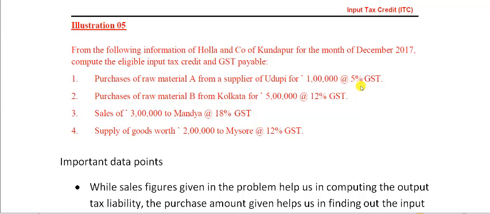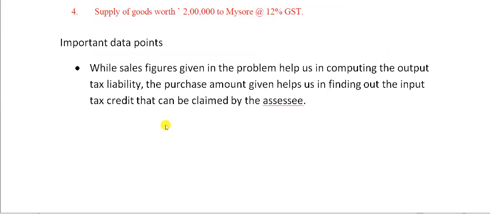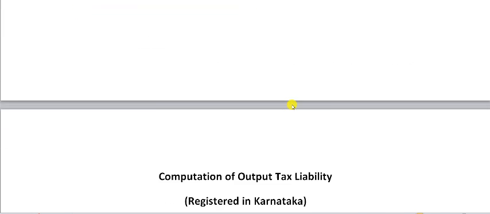This data has to be used to find out eligible input tax credit, and the data with regards to sales will help us find out output tax liability. While sales figure given in the problem help us in computing the output tax liability, the purchase amount given helps us in finding out the input tax credit that can be claimed by the SSE. We have discussed this already. So let's move on to solve the problem.